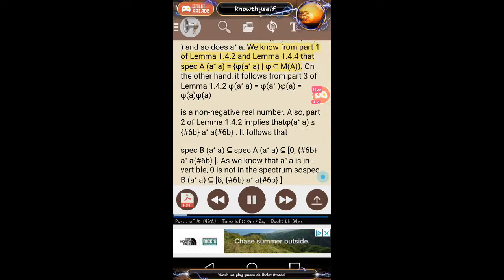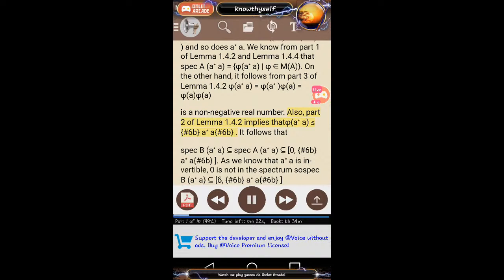We know from part 1 of lemma 1.4.2 and lemma 1.4.4 that spec_A(a*a) = {φ(a*a) : φ element of M(A)}. On the other hand, it follows from part 3 of lemma 1.4.2 that φ(a*a) = |φ(a)|² is a non-negative real number.